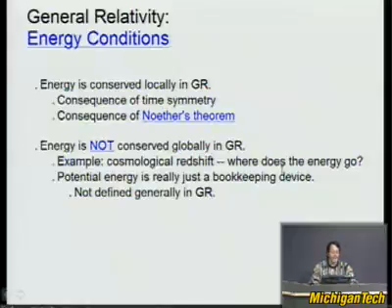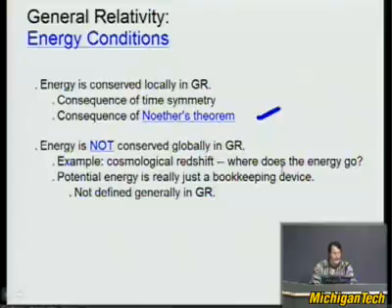So what about energy conditions in general relativity? Other concepts inherent in the center of general relativity. One is the concept of time symmetry. Emmy Noether, a famous physicist and mathematician from early in the 20th century, came up with a very powerful theorem, which I believe I alluded to in an earlier lecture, that every time you have some kind of symmetry, you have something conserved. So if you have, for instance, a time symmetry, I believe that indicates that energy would be conserved.